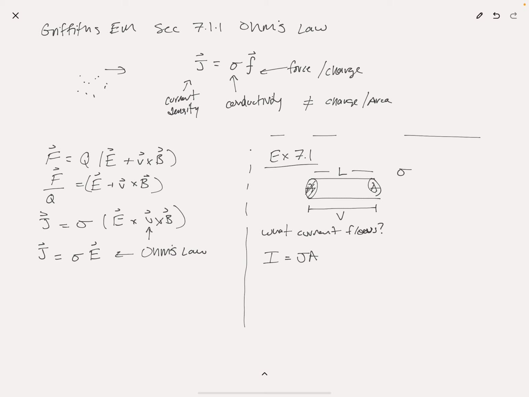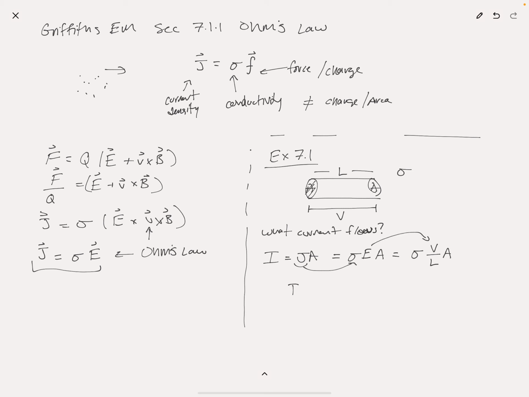But I know because of Ohm's law that J can be written as something related to the material itself, the conductivity times E. That is going from here to here. That's times A. All right, and then the potential difference can be used to rewrite the electric field. That's sigma times V over L times A. That's an intro physics conversion right there.